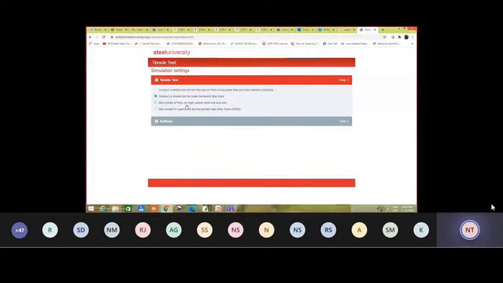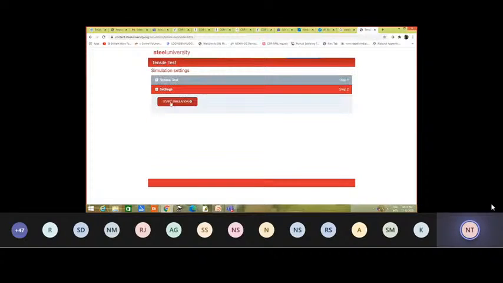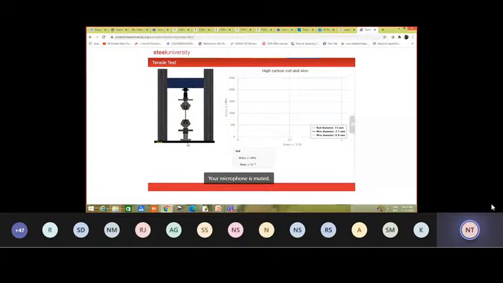So we'll show this experiment, start simulation. You can see what happened in the lab. We have the testing machine on the left side, and there we have this kind of data collection. When there is a tensile stress, there is tension in the wire or rod, so the load is increasing, and there is a displacement taking place, for which stress is generated in the material.